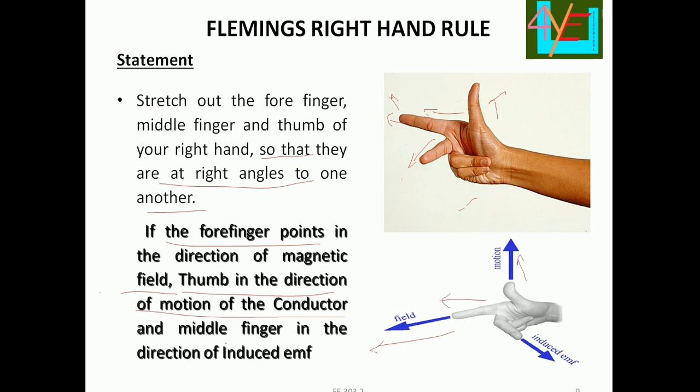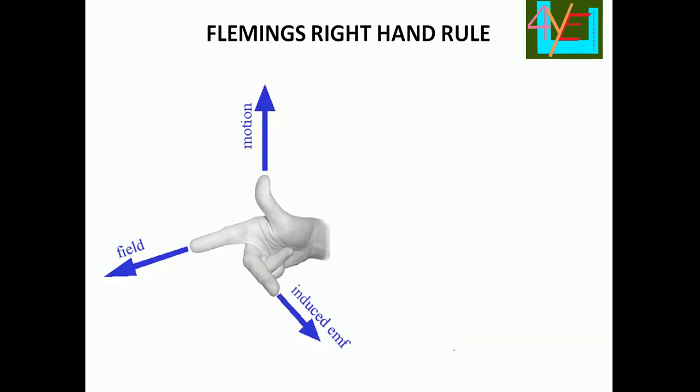The middle finger gives the direction of the induced EMF. Here we can see the magnetic field, conductor motion, and induced EMF. This is Fleming's right hand rule for generators.